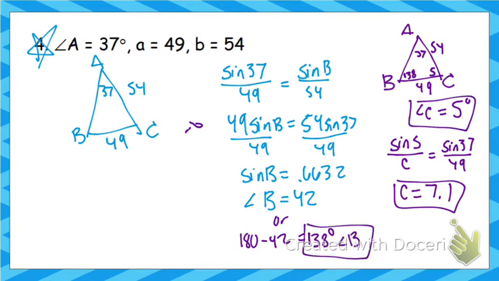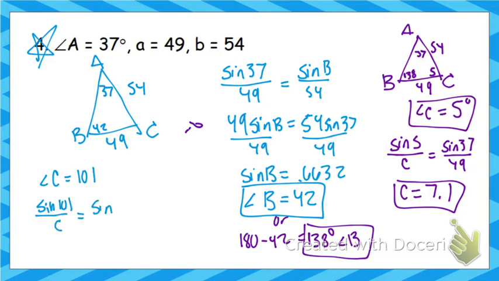Everything in purple. The second possibility, everything in blue. So angle B is 42 degrees. If angle B is 42, then angle C is going to be 180 minus 37 minus 42, which is 101. And then we can do law of sines again in order to figure out what that missing side is.